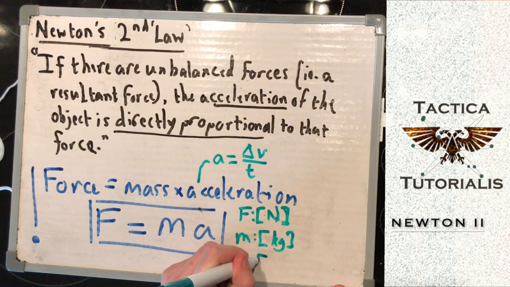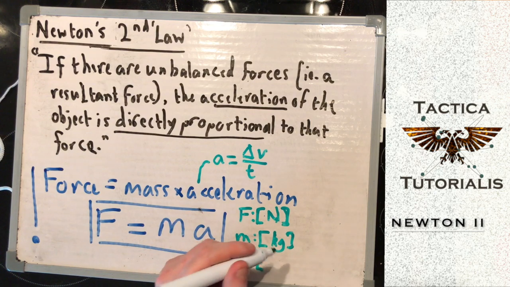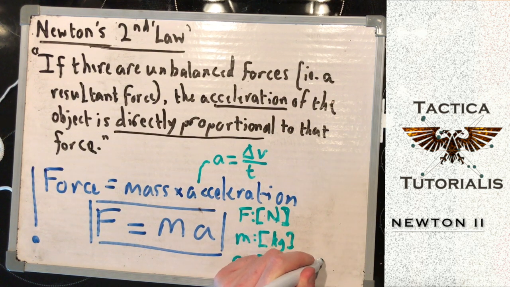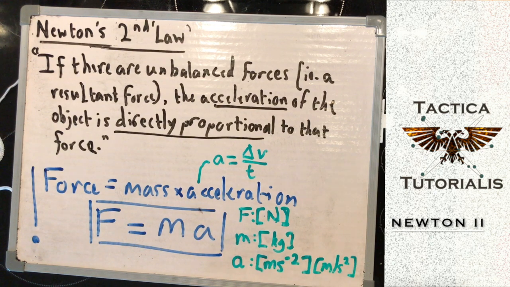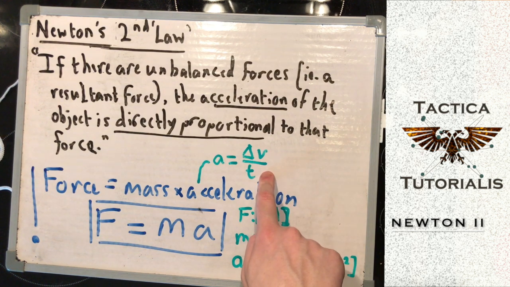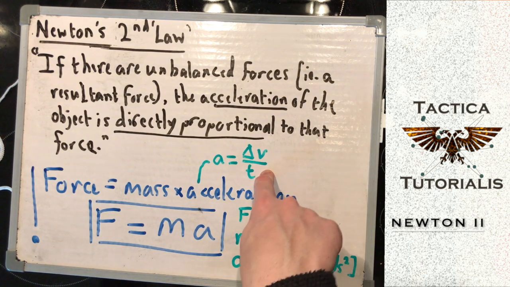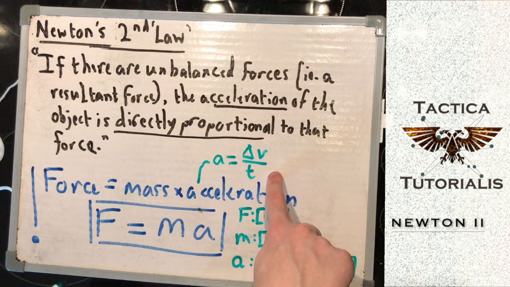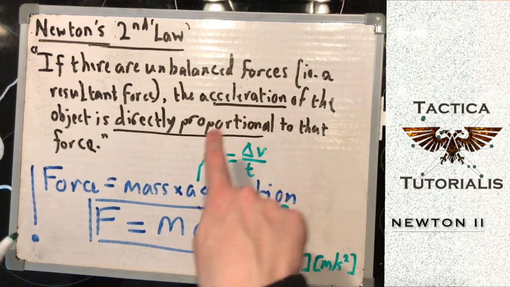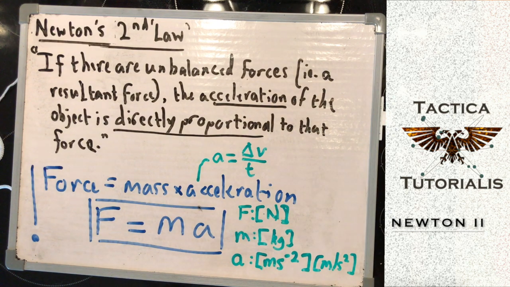So the typical unit, and I'm going to write this in power form, is ms minus 2, which is equivalent to saying meters per second squared, which is meters per second, the unit of speed, per second, because I'm dividing by time again. So I've got change in velocity, meters per second. Time taken, seconds. Meters per second per second gives the normal unit of acceleration.